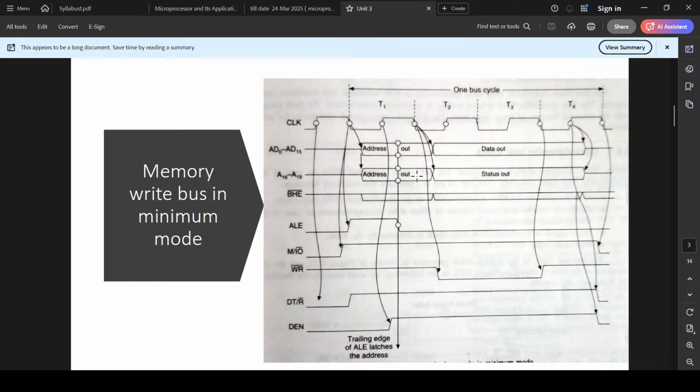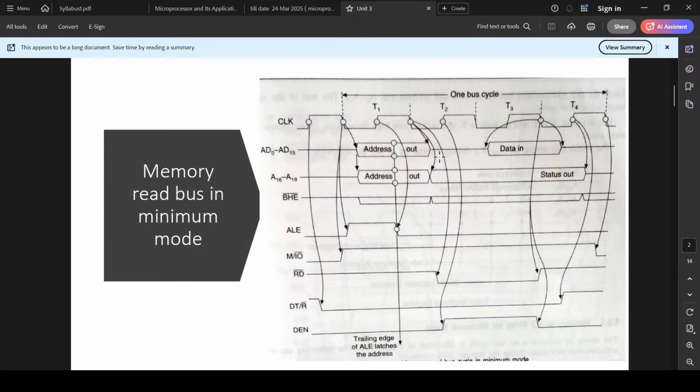Just AD was changed, data in to data out. You can take all these arrows into consideration: at this point this will point here, this will point here, all these things.